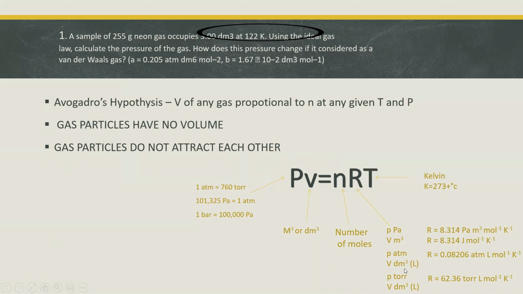So we have the choice between atmospheres and torrs. I decided to go with atmospheres just because I thought it was easier and I'm used to using this constant in other work anyway. So stick to what you know, and unless the question is asking for something different, I would suggest using that, because you will come across this constant a lot in other work.